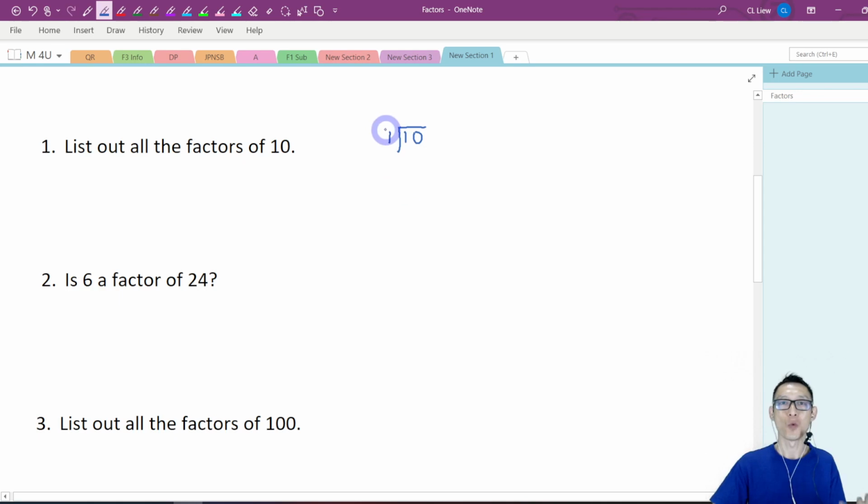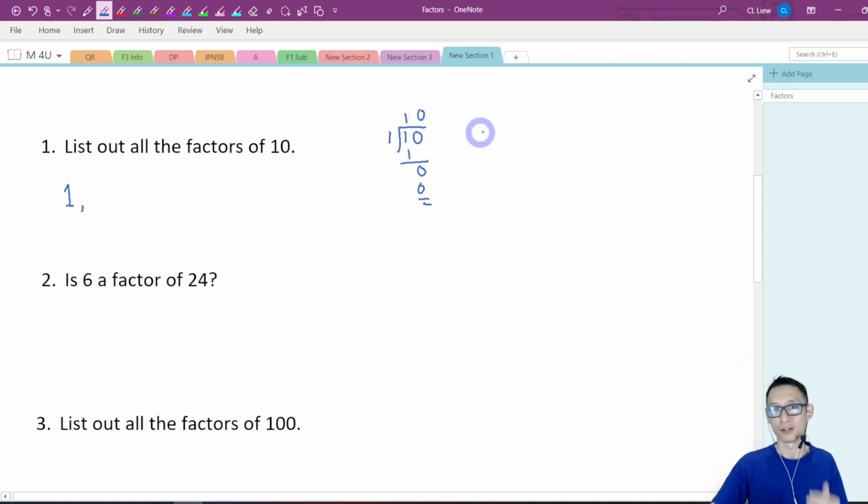We know 1 is a factor of 10, right? Because 1 is a factor of any number. 1 times 1, you get 1. Bring down the 0. This one should be no problem, right? You learned it in primary school. No remainder, so we can conclude that 1 is a factor of 10.